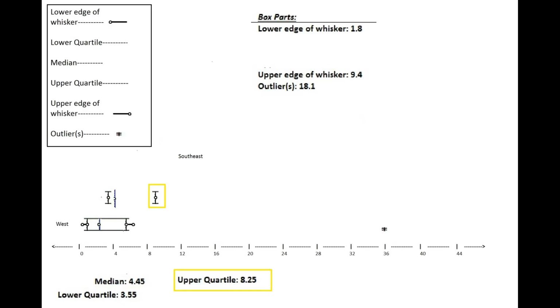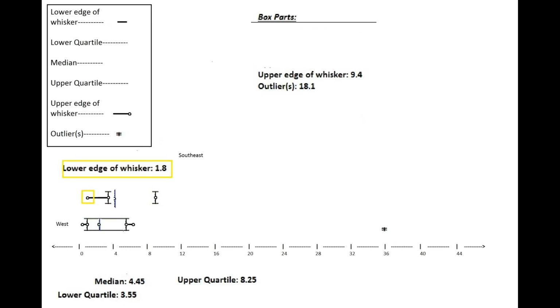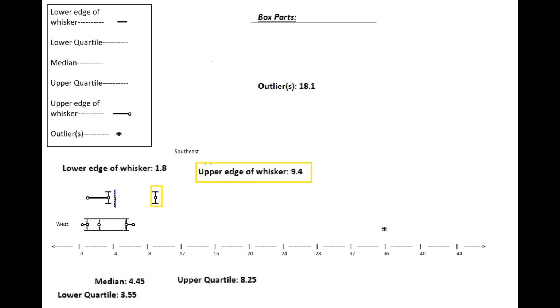The upper quartile is 8.25. So I'm going to put that just a little bit in front of the 8, and I'm going to position it where I've got my other pieces. 8.25. The lower edge of our whisker is 1.8. So see, I just added that piece down here closer to the 0. The upper edge of our whisker is 9.4.